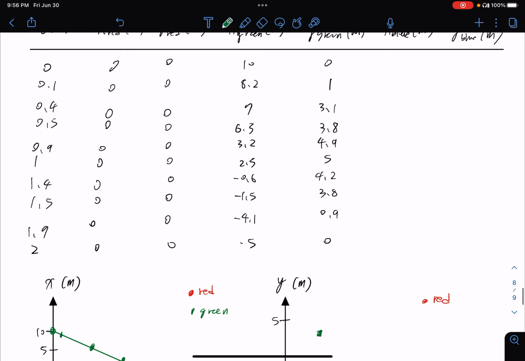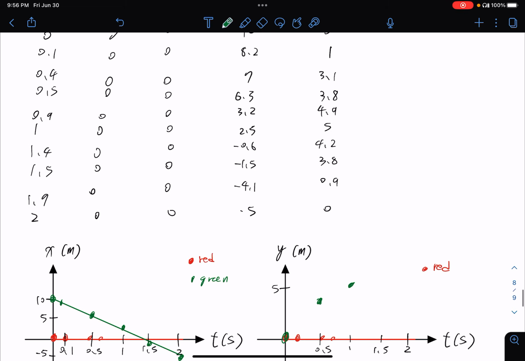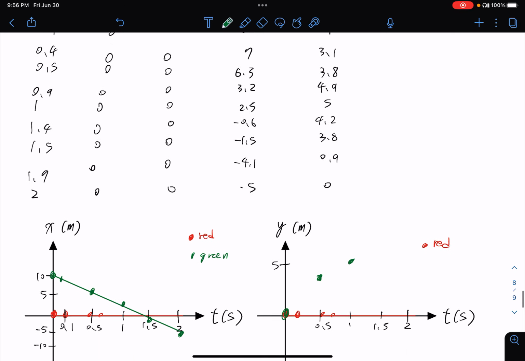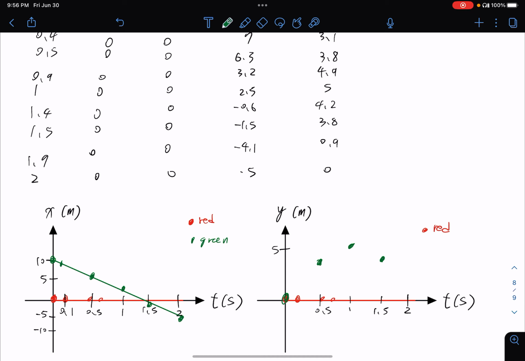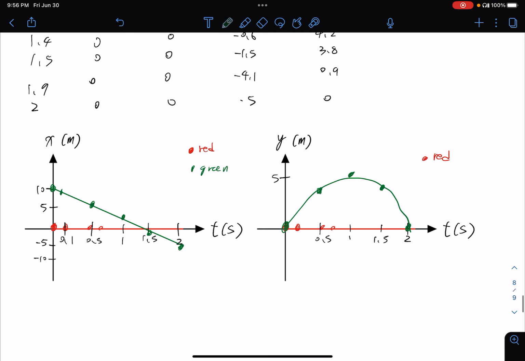And then at 1 it goes to 5. At 1.5 it goes to 3.8, so 3.8 should be at the same height as the earlier 3.8. So let's go here, and then at 2, 0. So it should go like this. So we know that the y velocity for the green dot will not be a constant. There's no way. It doesn't look like a straight line at all.